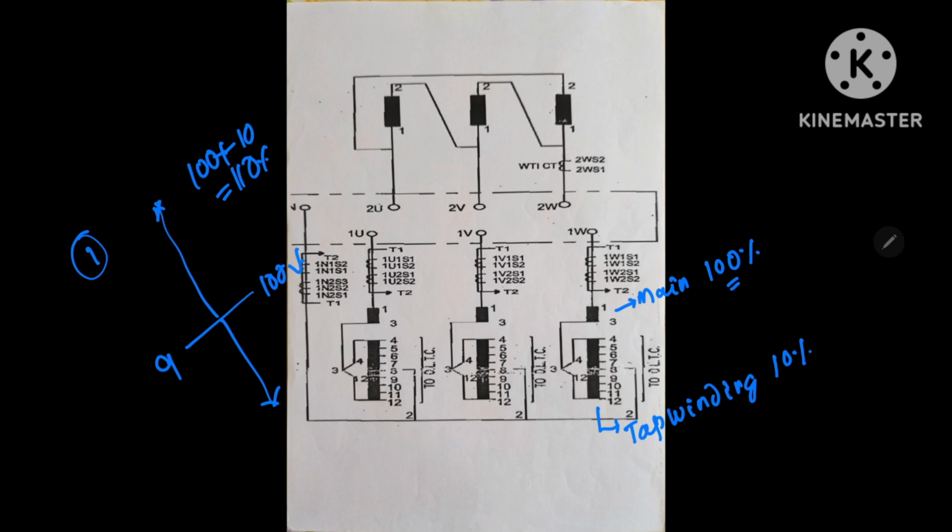When we increase the tap to the last one, 17, the 10% will be reduced step by step. So this 10% winding produces a flux which opposes the main flux. This is 100%, this is 10%, the resultant will be 90%. So this is the principle utilized in the case of OLTC additional winding arrangements.